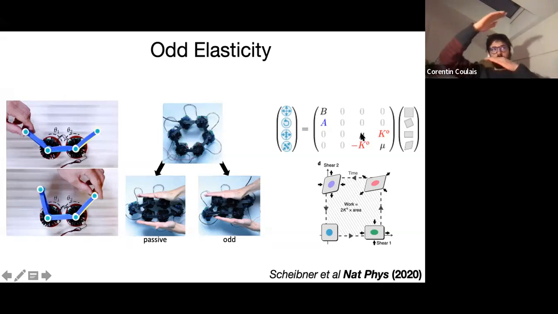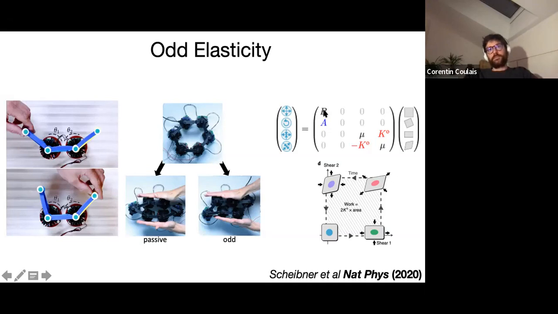So if you do an experiment where you don't do pure shear, so if I just indeed compress like this, right? Then indeed what I do is I do a combination of volume change and shear, right? So then the response will not only be given by those terms, but will also have a little bit of the bulk modulus inside.